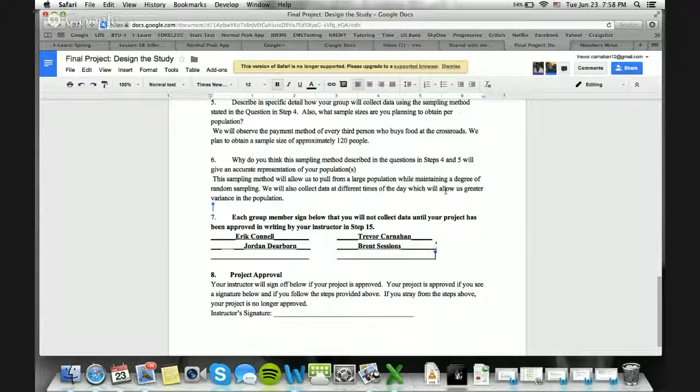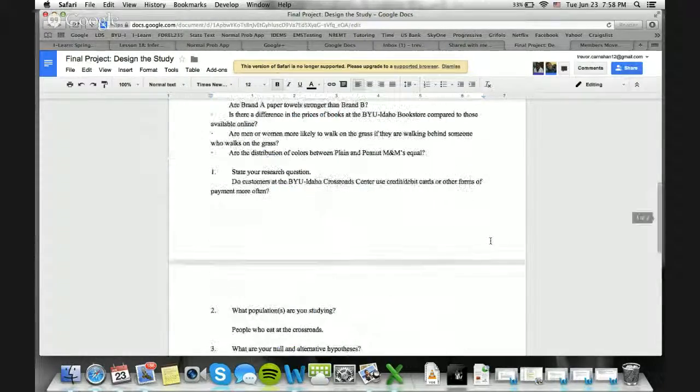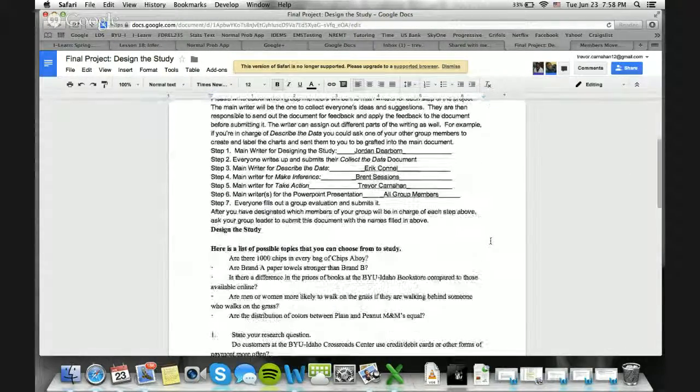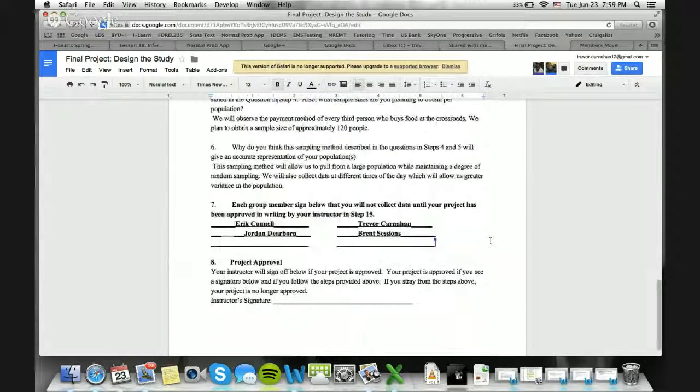Anything else? The only thing she might ask us about that we might have to clarify is what we would do for the take action part, step 5, after we collect. We design the study, describe the data, make an inference.